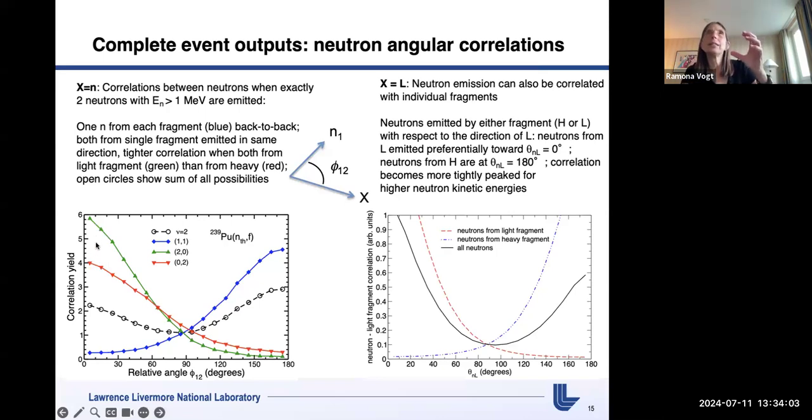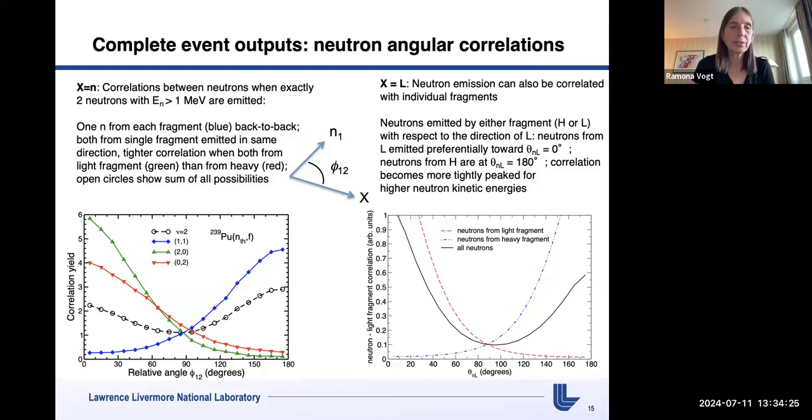And if you think about it, in the rest frame of the fragment, when it's just sitting there, it can emit the neutrons in any direction. But actually, in the lab frame, the fragments are moving apart from each other. And so the neutron distribution gets boosted along the direction of the fragment.